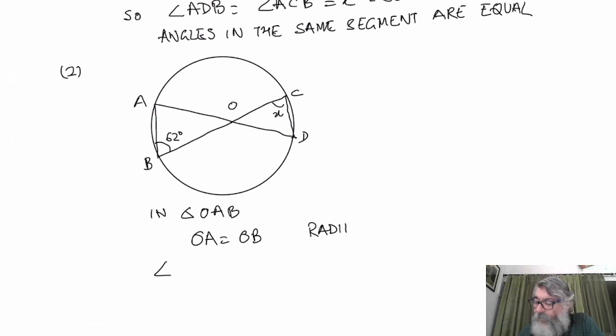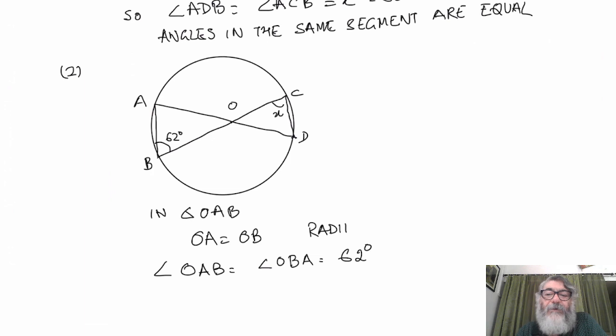So angle OAB will be equal to angle OBA, will be equal to 62 degrees. This will also become 62 degrees because the two sides of the triangle are equal. This is not a property related to circles. This is the general property which you must have read in 8th and 9th, that if two sides of a triangle are equal, then the angles opposite to them are equal.